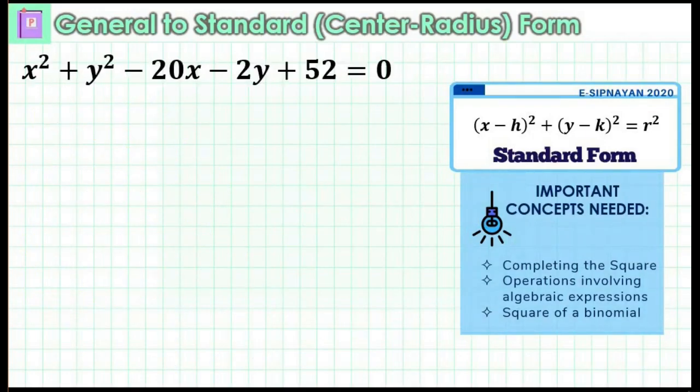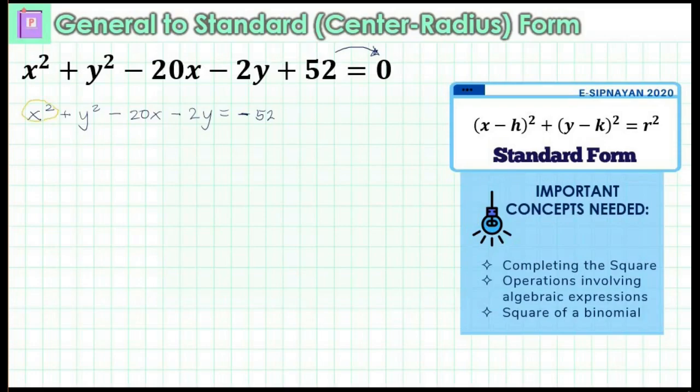Let's now proceed to the last example, and again we start by transposing the constant to the right hand side of the equation. Hence, the equation will now become x squared plus y squared minus 20x minus 2y equals negative 52. Then again, just like the previous examples, we group together the terms with the same variables.